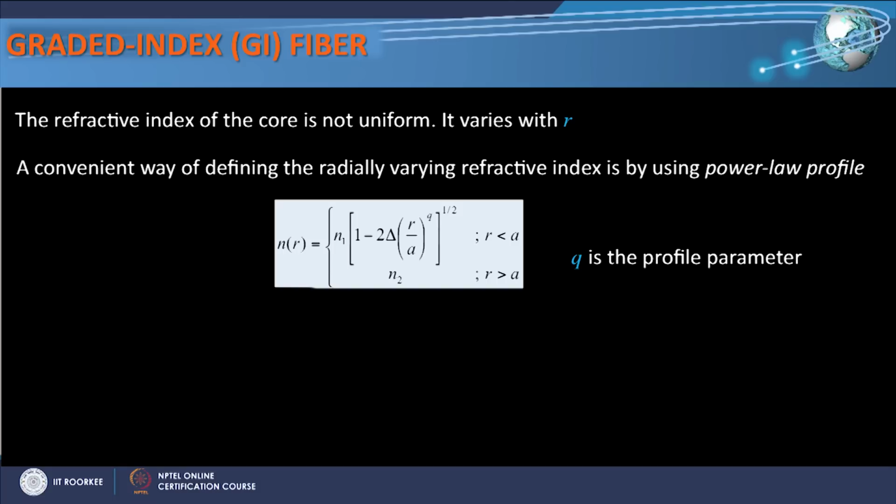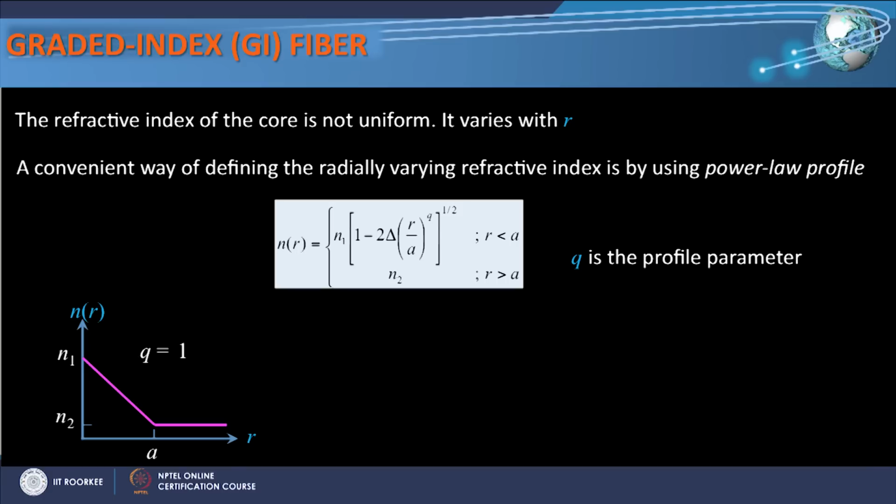Let us see what it means. If I put q equal to 1, then the refractive index profile would be something like this. In the core, as you move away from the axis, the refractive index will gradually decrease, and this decrease is linear. This is also known as a triangular profile.